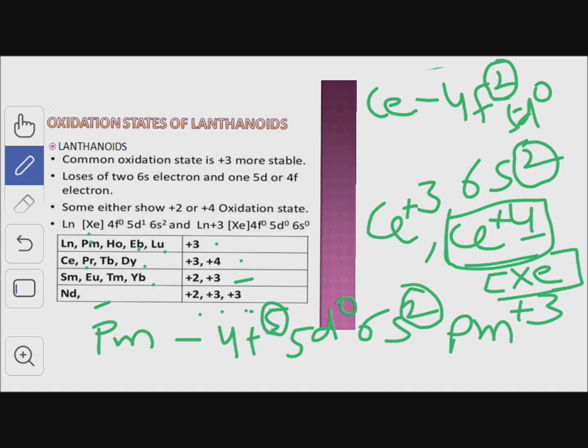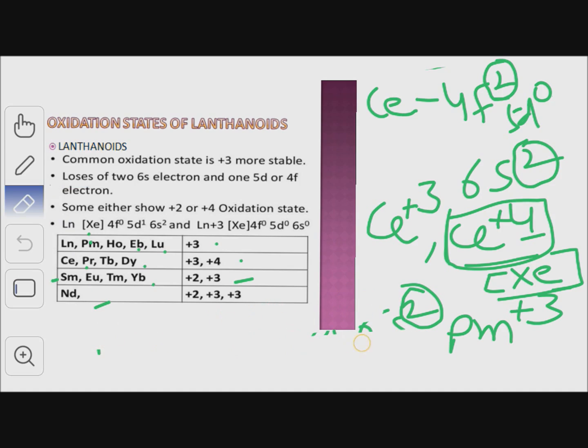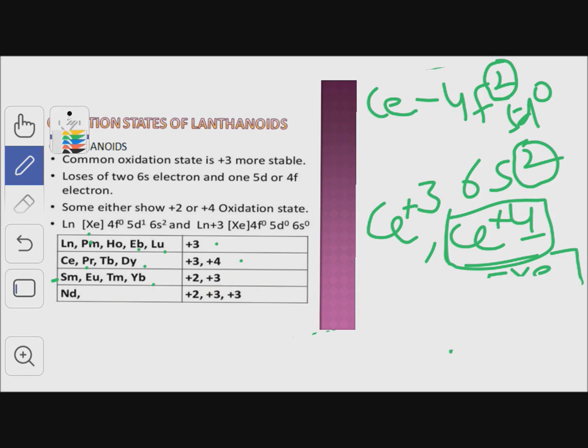The next example is samarium, which shows oxidation states of +2 and +3. Its electronic configuration is xenon 54, 4f6, 5d0, 6s2.